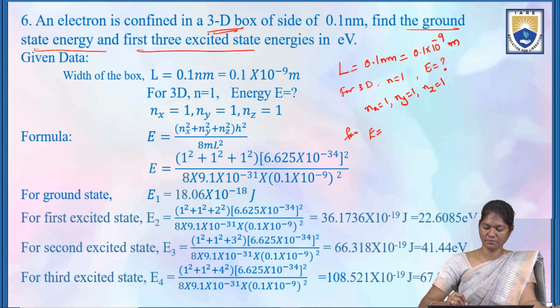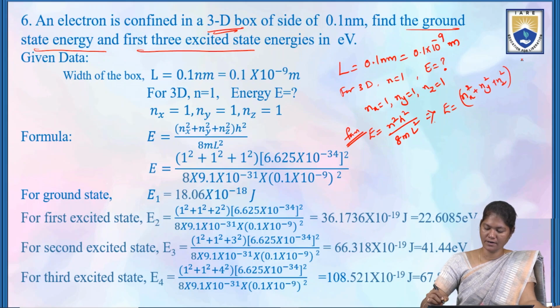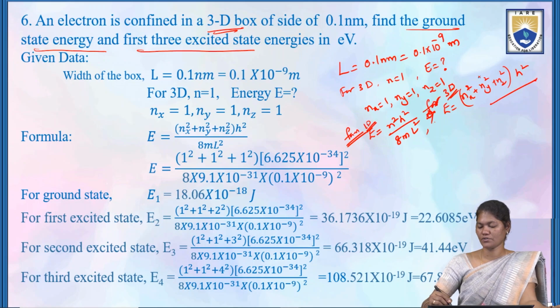The formula for the eigenenergies in one dimension is E equals n squared h squared by 8mL squared. For three dimensions, E equals (nx squared plus ny squared plus nz squared) times h squared by 8mL squared.